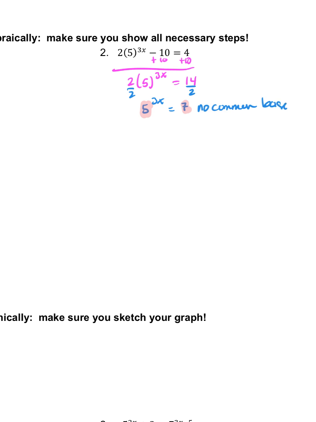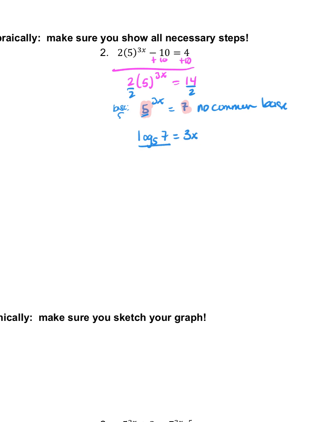So now I'm going to change it to log form. My base for this one is 5. So it's log base 5 of 7 equals 3x. Remember, the log always equals the exponent. Now I'm going to solve for x like I would do a normal problem.